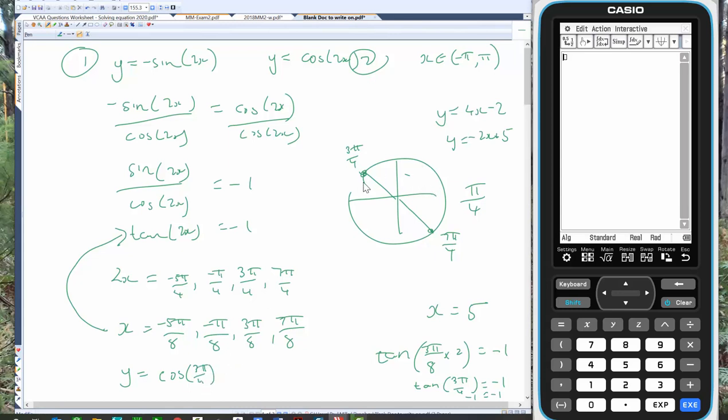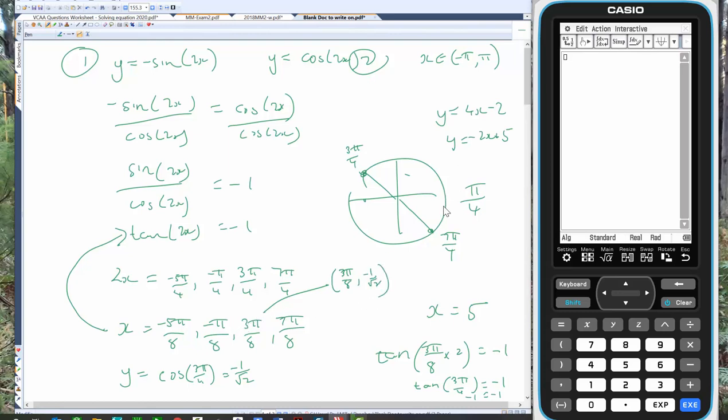My base angle, that is going to equal negative 1 on root 2. Okay, so this one here is going to be negative 1 on root 2. So let's put that in.